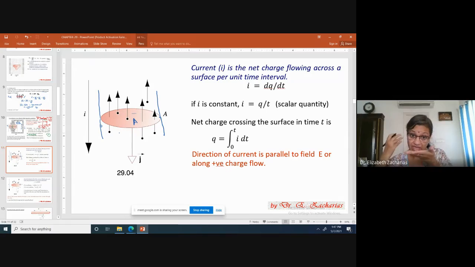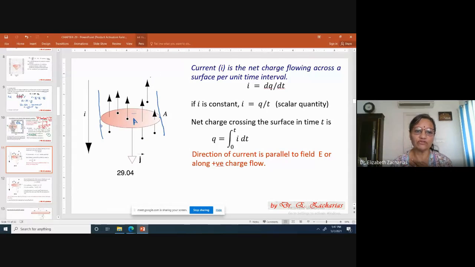If it was possible for me to see charges, what would I see? I would see electrons cutting through that area of cross section of this wire and going in this direction, which means current is in the opposite direction.